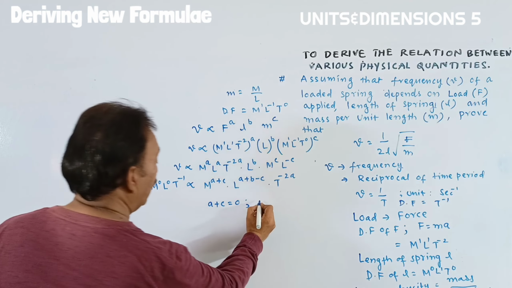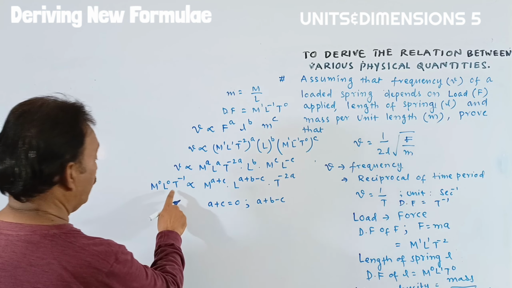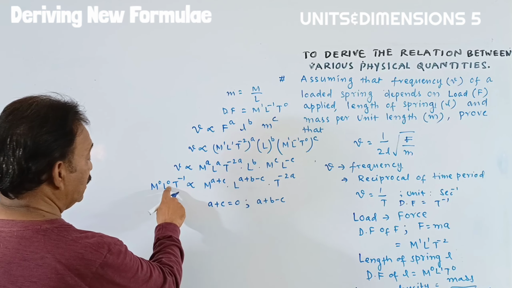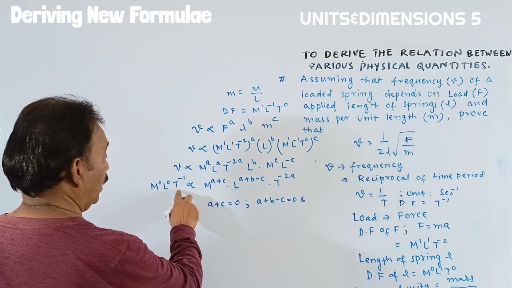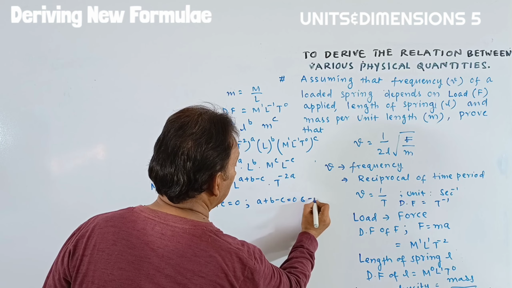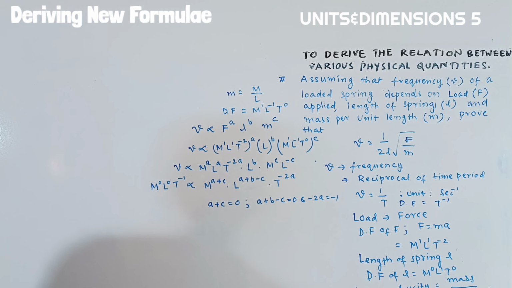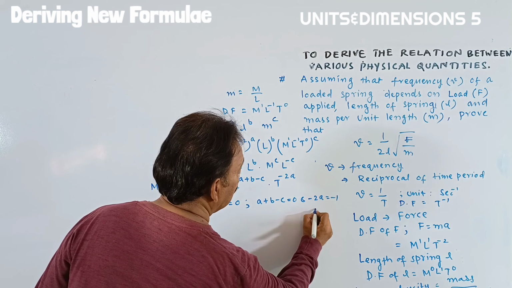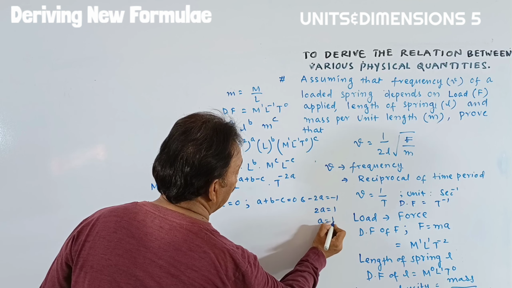Then a plus b minus c is equal to 0, and minus 2a is equal to minus 1. It can be written as 2a is equal to 1 and a is equal to 1 by 2.